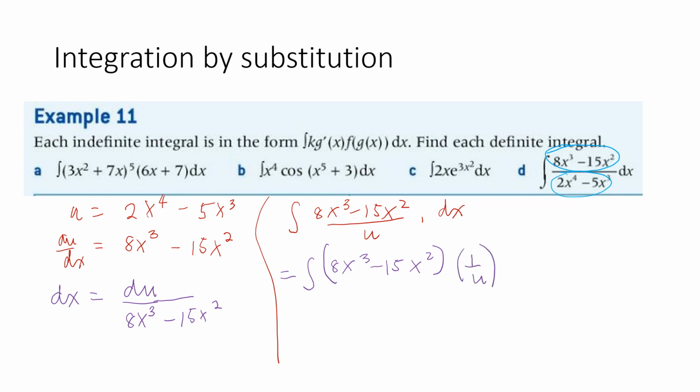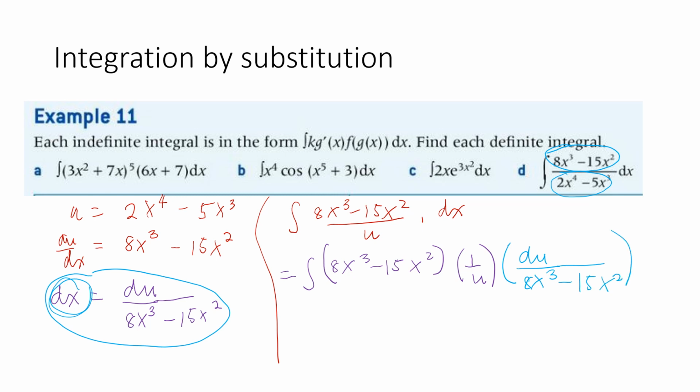And then our dx, we represent by du over 8x cubed minus 15x squared. So here we can cancel these two out, so we are left with the integral of 1 over u du.